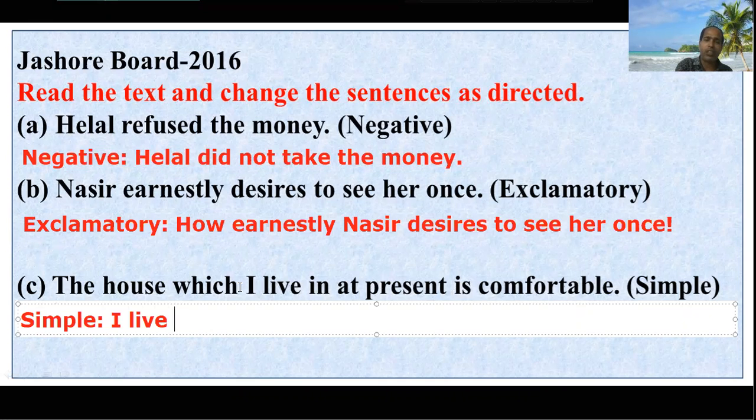This is the principal clause. First you have to write the principal clause, and then you have to write the object. In this sentence, the object is adjective plus noun. You have to cut is and you have to set comfortable before house. I live in.